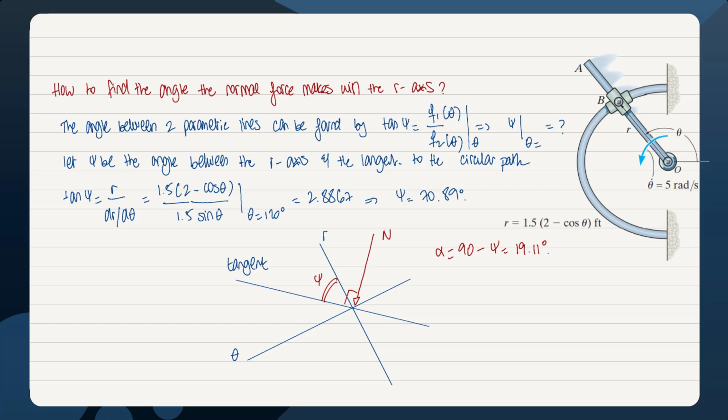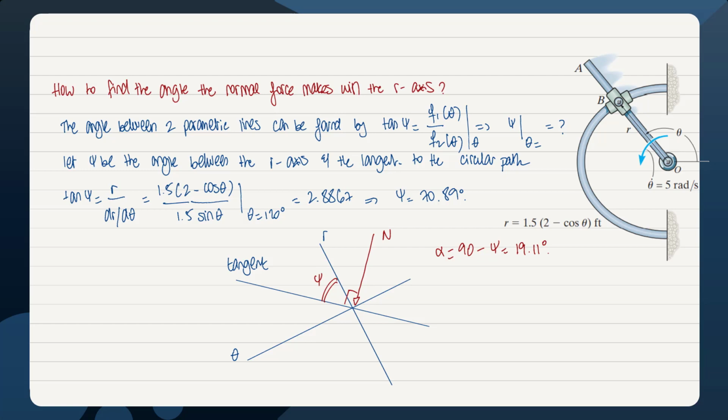Once you apply trigonometry and get phi, you can evaluate phi for any value theta might take, and you'll find the solution. So let us apply that in practice. Let xi be the angle between the r-axis and the tangent to the circular path. So the tangent to the circular path is simply the t-axis.